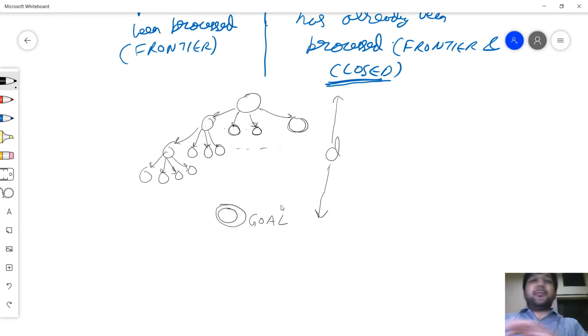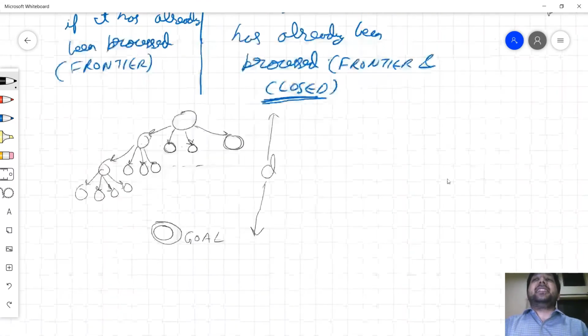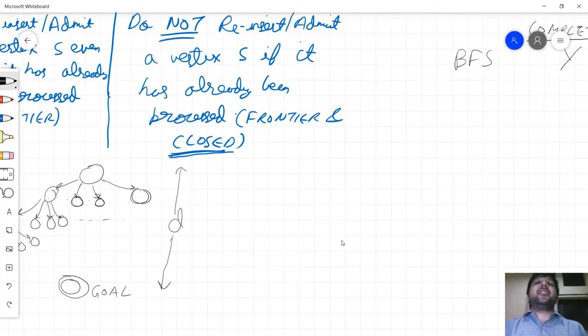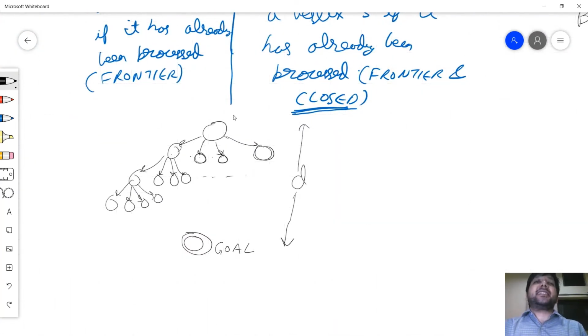You visit all the nodes at depth d, you have visited the goal at depth d, and therefore you have found a path at depth d. So, yes, BFS is complete as long as your edges, or your branching factor, is finite. In all AI problems, the branching factor needs to be finite.